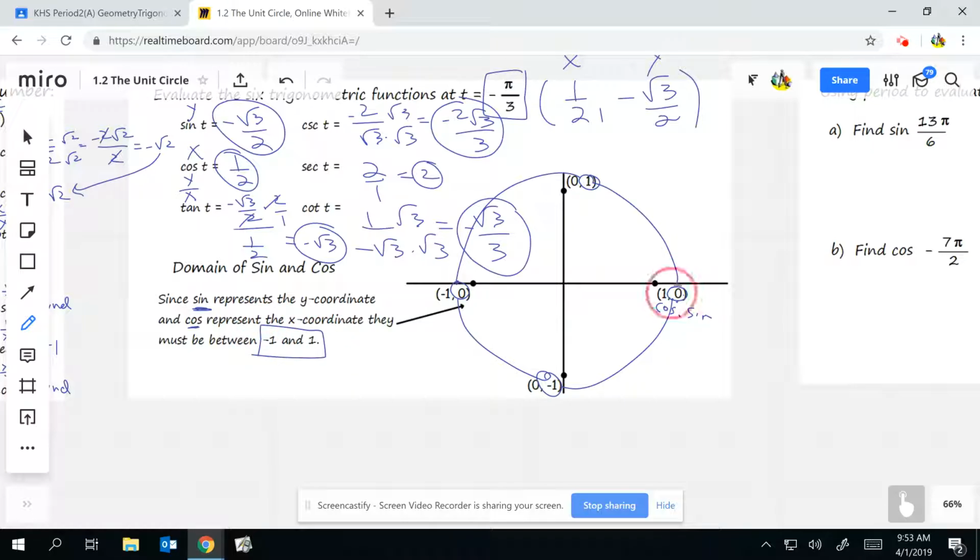So they start at 0. Here for sine, they go up to 1. They come back down to 0. They go down to negative 1. So the highest they get was positive 1. The lowest they get was negative 1. They'll never go above positive 1. They'll never go below negative 1. Same thing with the x value. Positive 1 is the biggest and negative 1 is the smallest. And you'll stay between those two at all times.